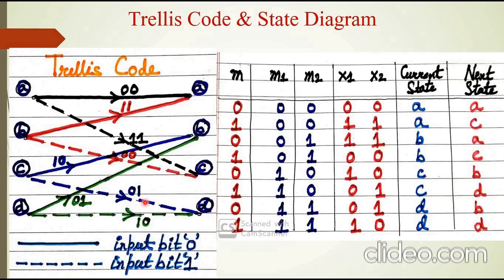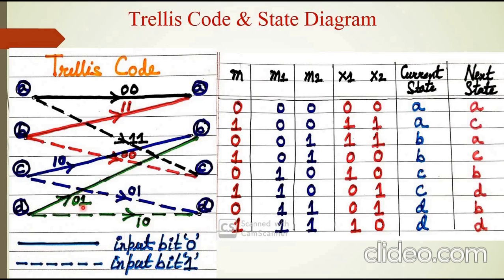And for the last combination, if the current state is D and the input is 0, then the next state will be B and the output will be 0 1.